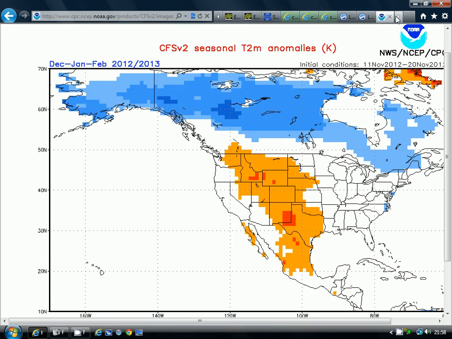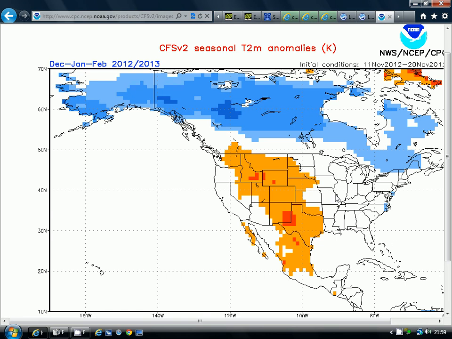And finally, having a look at your own CFS model, and well, it's going for quite a warm winter here in these central and western states away from the Pacific coast. It's going for quite a warm winter, but to the east it's nearer normal, and maybe a very slightly weak signal for a bit of a cold and average winter on the eastern seaboard, but not particularly strong.